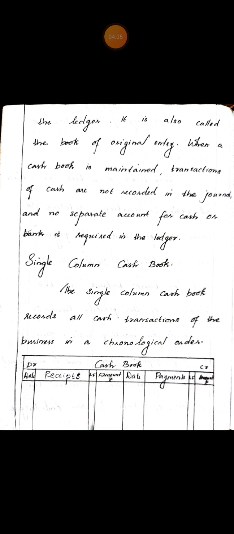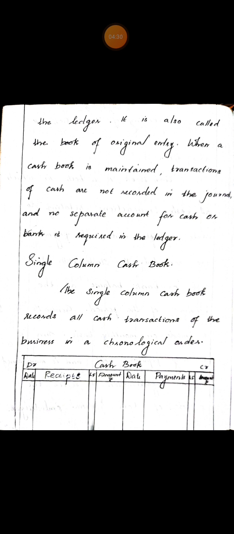In an existing business, cash book starts with the opening balance of cash written on the receipt side as balance brought down. A new business will not have an opening balance. Next, ledger folio. In this column, the page number of the ledger where the amount is posted is written.